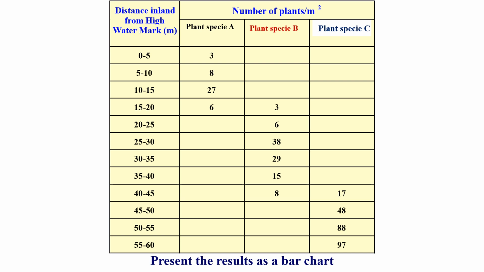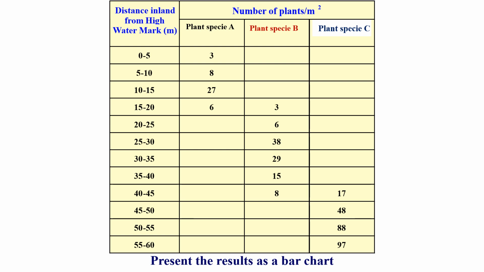It starts to appear 15 to 20 meters after the high water mark, and most of the population of this species is present at a distance of 25 to 30 meters from the high water mark. This species starts from 15 meters and goes till 45 meters.